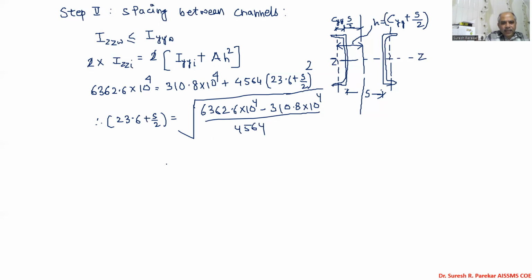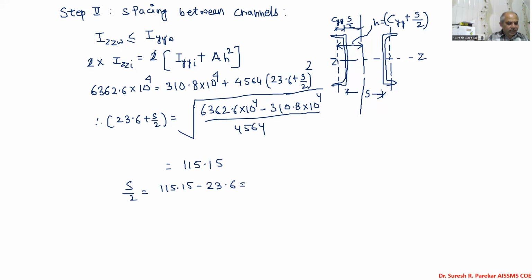From this, we will get the value of 23.6 plus S by 2, that is root of 6362.6 minus 310.8 divided by 4564, which is 115.15. And then S by 2 is equal to 115.15 minus 23.6.